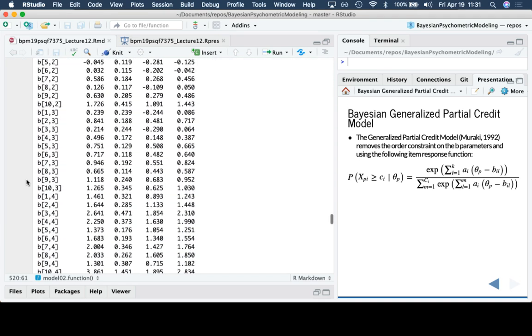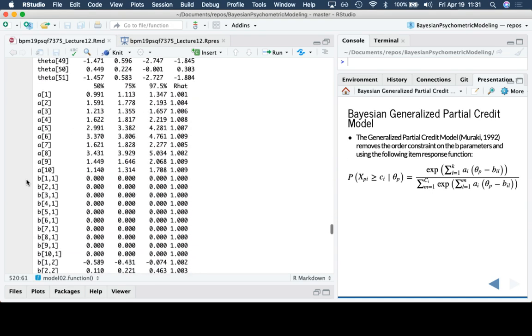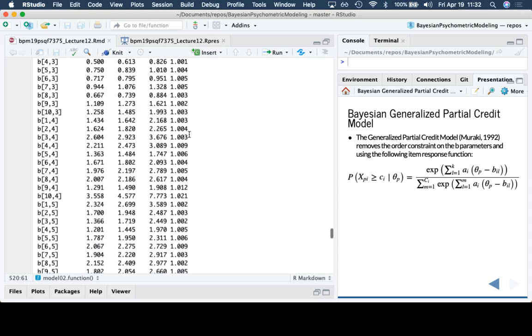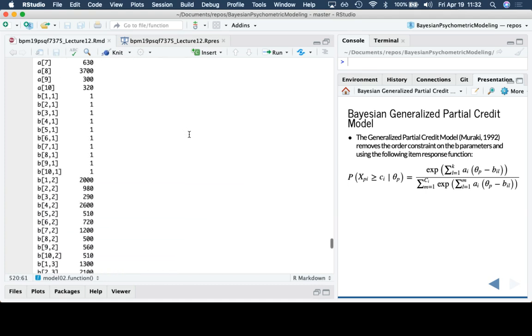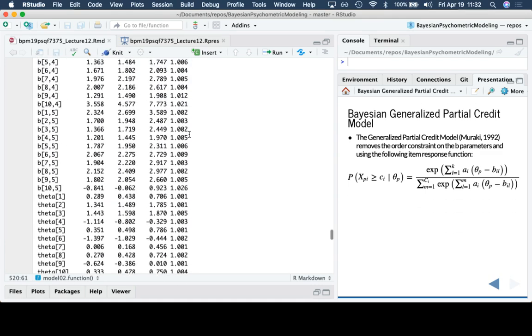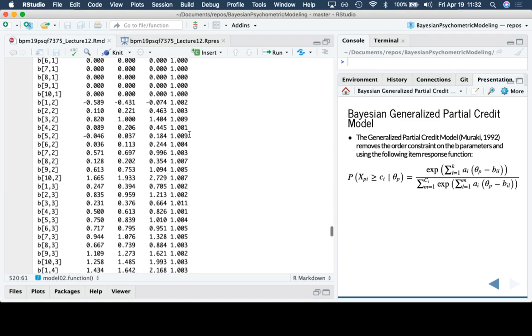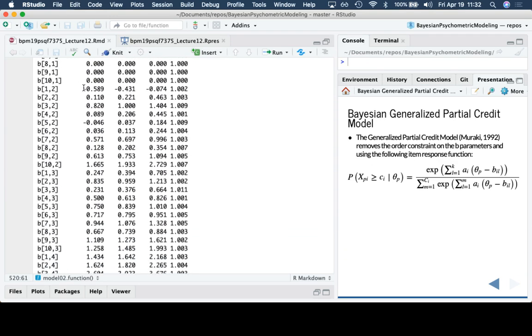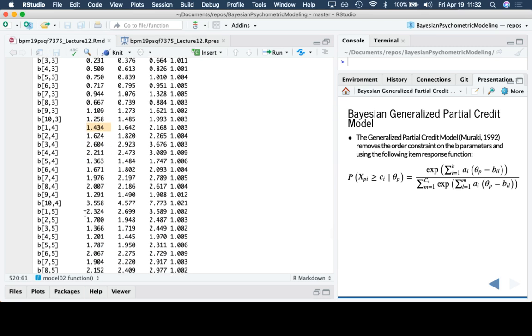So let's take a look and see if this worked. Here's our convergence for A's and for B's. Ta-da. Everybody feel happy about convergence? One of the things that we can talk about with this model is whether or not there are reversals in the order of B. And so here's item 1's B2, B3, B4, and B5.